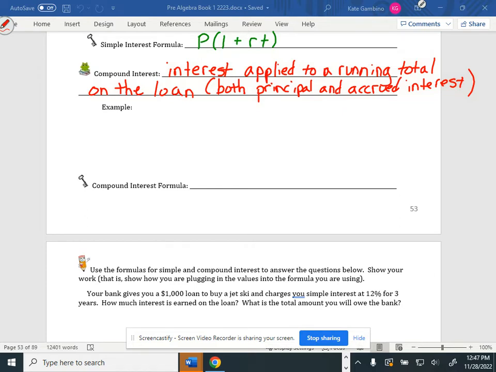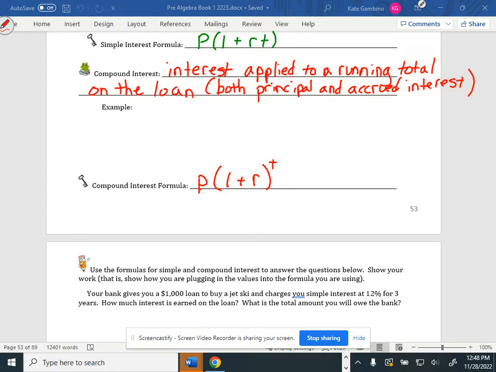So our compound interest formula is our principal times 1 plus the rate to the t power. So we're going to be using exponents for this one. So we still have our principal on the outside. We have the 1 plus, it's just plus the rate on the inside.